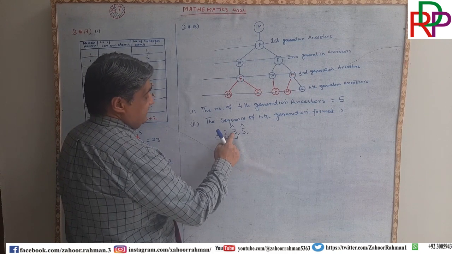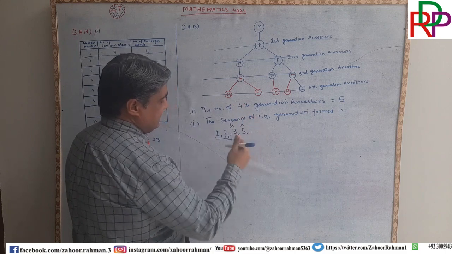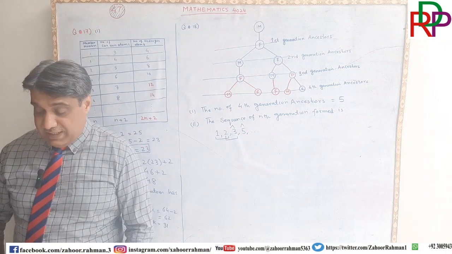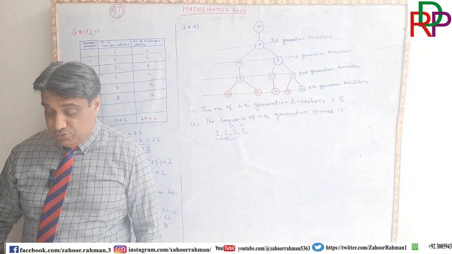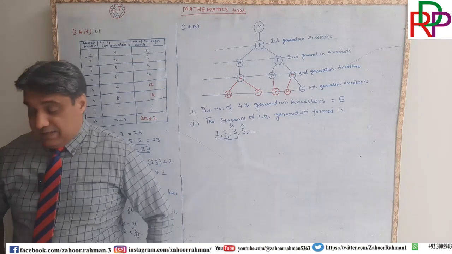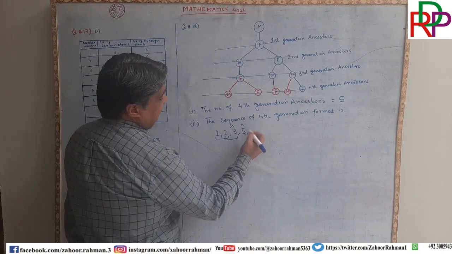When 2 is added with 3, it will give you 5. So you can expect that 3 and 5 will be added and they will give you the next two terms of the sequence, that will be 8 and 13.